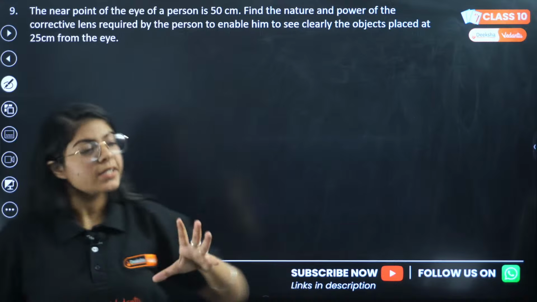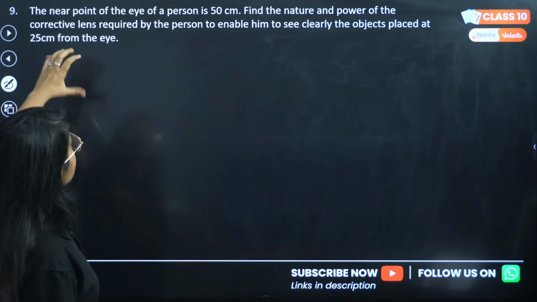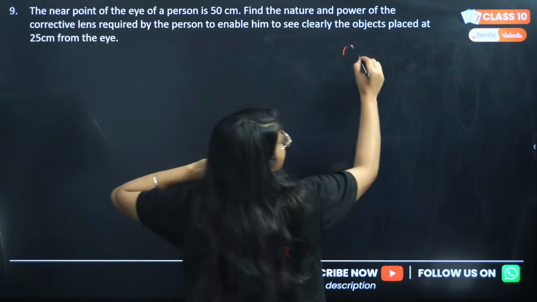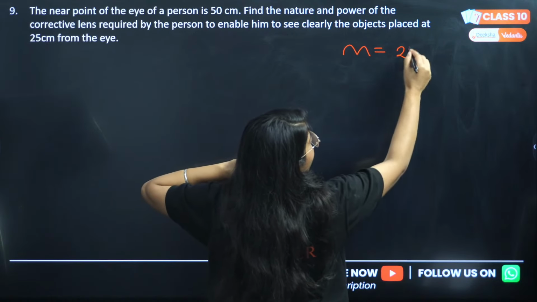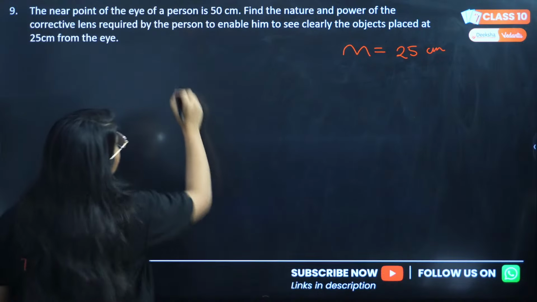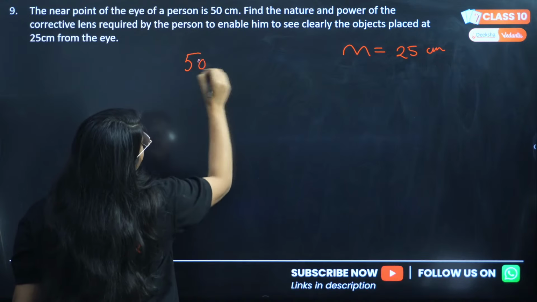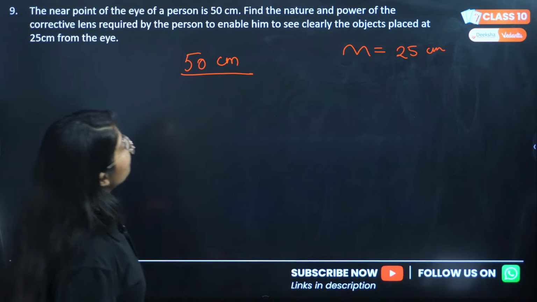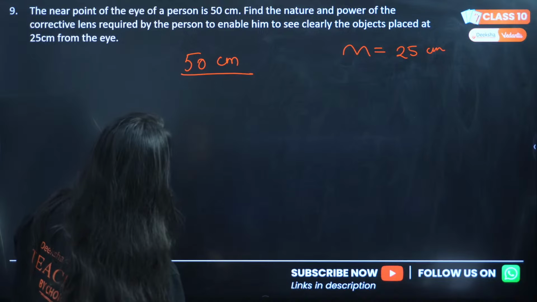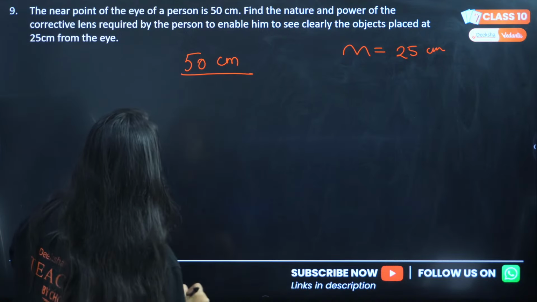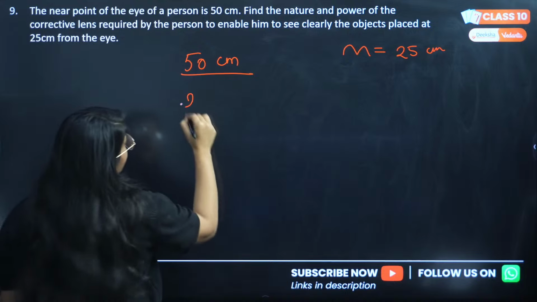Okay, let's understand this question a little bit. They are saying the near point. Now, the near point of a normal human eye is 25 centimeter. We know that. But they are saying that in this case, the near point is 50 centimeter. Correct? Find the nature and power of the corrective lens required by the person to enable him to see clearly the object placed at 25 centimeter.